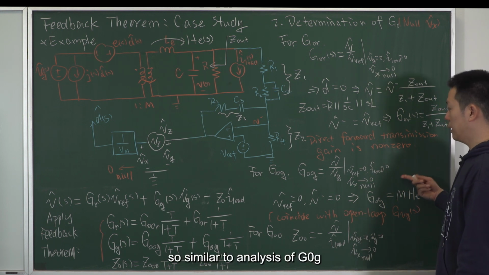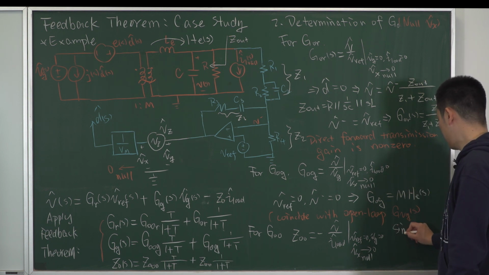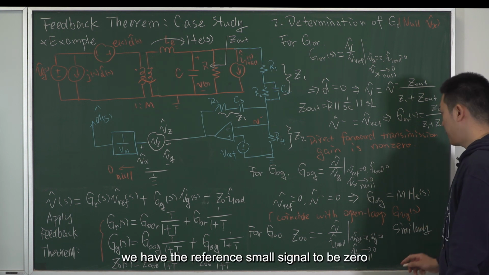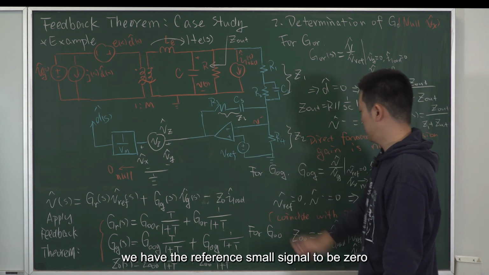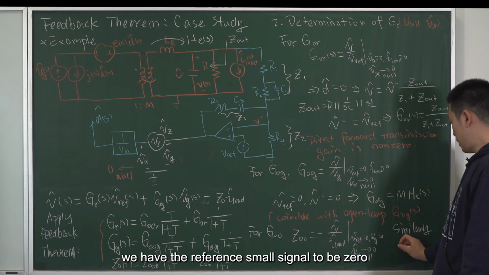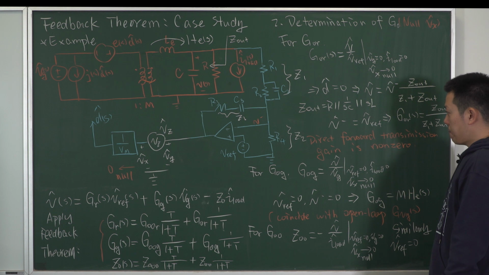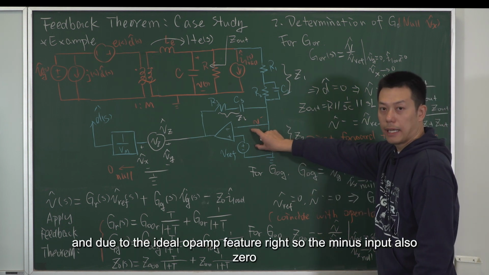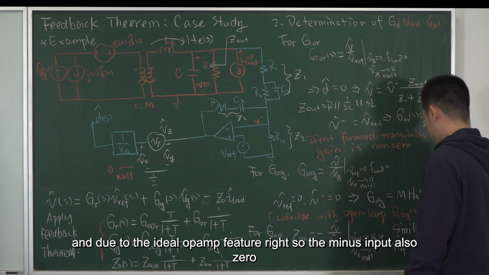So similar to the analysis of G0G, we have the reference small signal to be 0. And due to the ideal op-amp feature, the minus input is also 0.